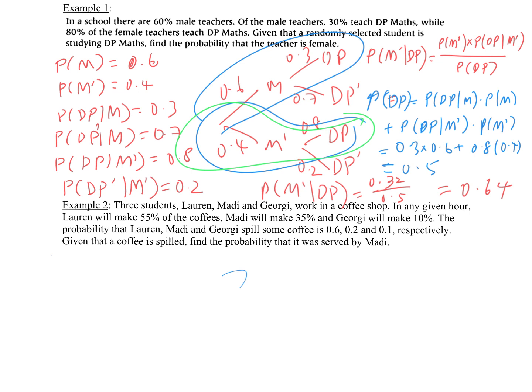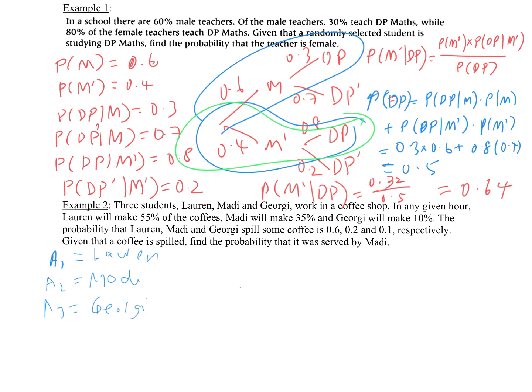So now I'm going to let A1 be the event that Lauren serves the coffee. My Apple Pencil has run out of battery, so A2 will be the event that Maddie, and A3 will be the event that Georgie is serving the coffee.